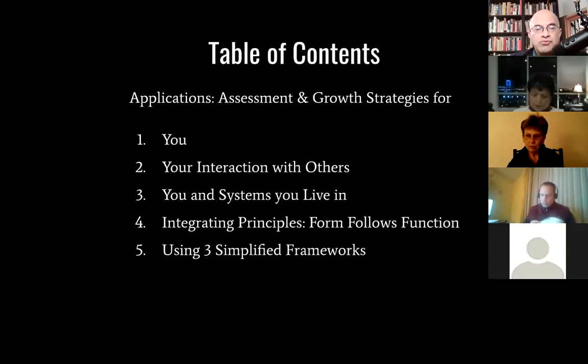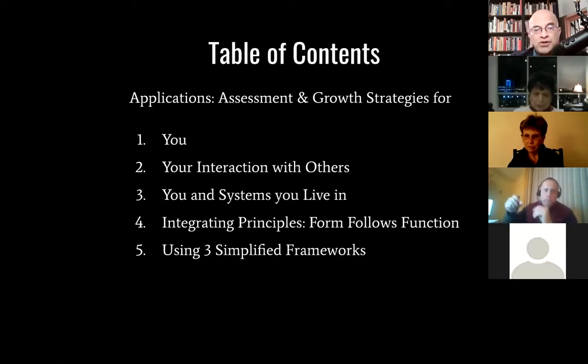So first I'm going to apply it to these areas. Yourself. Second, interaction with others. Third, interaction between you and the systems you live in, whether it is a family you live in, or a business you work in, or a culture you live in, or the global civilization as such.